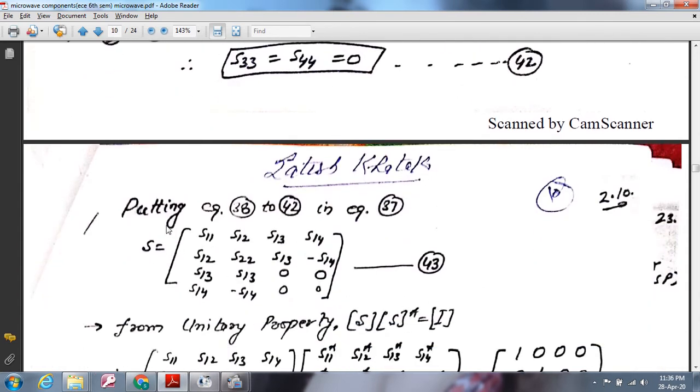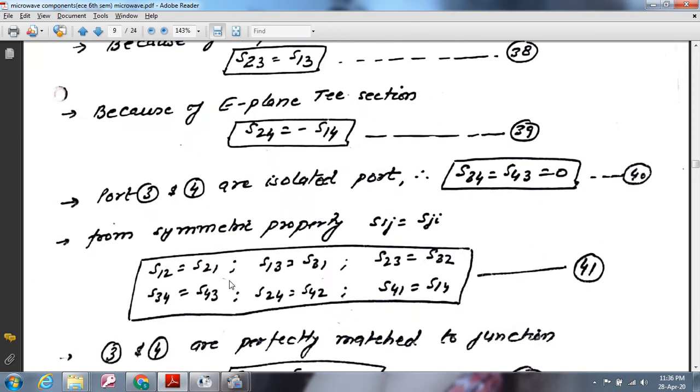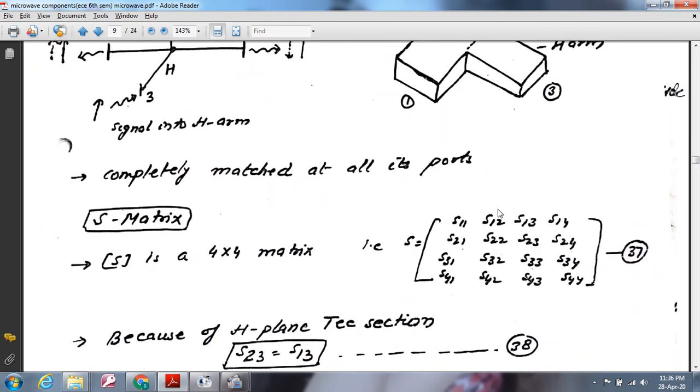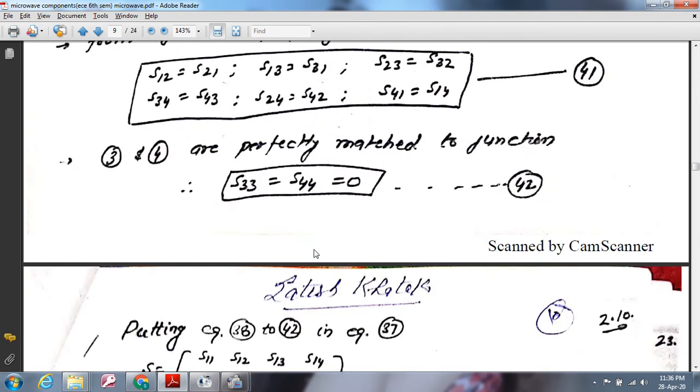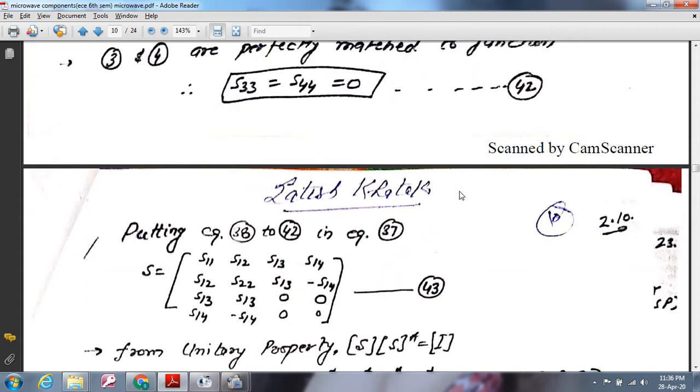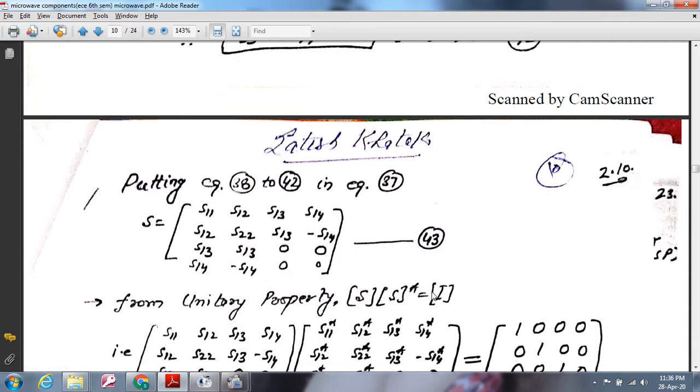Now we put equations number 38 to 42 in equation number 37. Our earlier S matrix equation for the magic T was equation number 37, and now putting the different values we obtained up to equation number 42 in equation number 37, we get S equals this, and this is equation number 43.